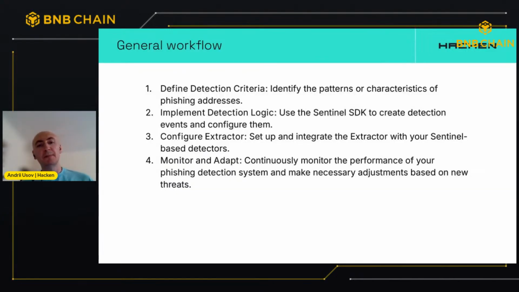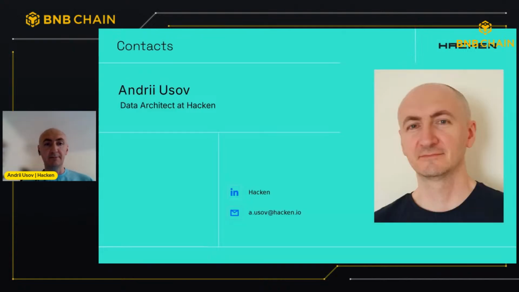So for developing a detector, we need to identify the patterns and the logic which we need. We use the Sentinel SDK for detection, and configure extractor for consuming data, and we are done. We are ready to consume the data.